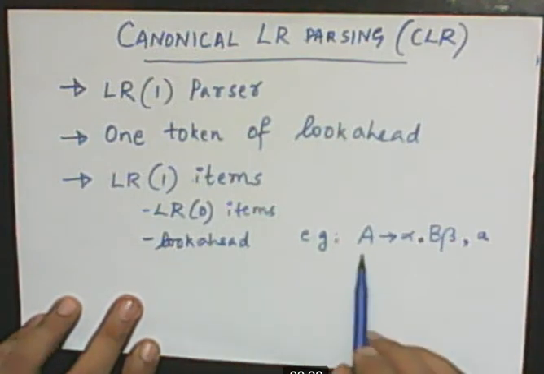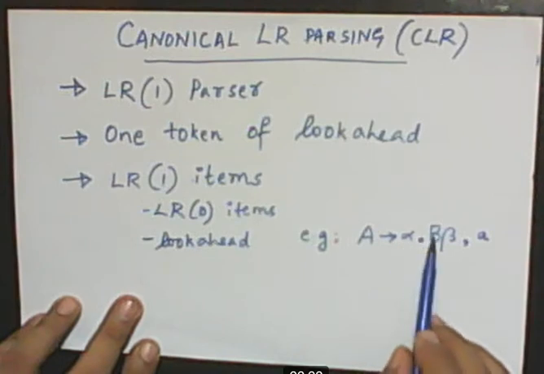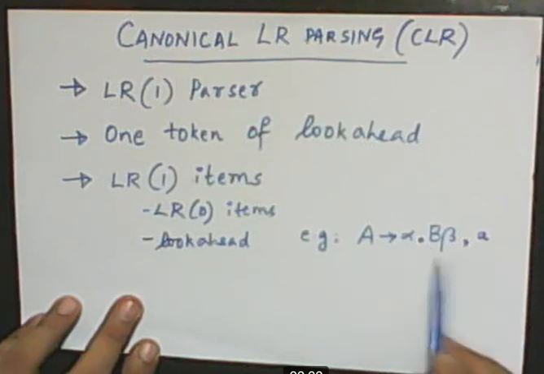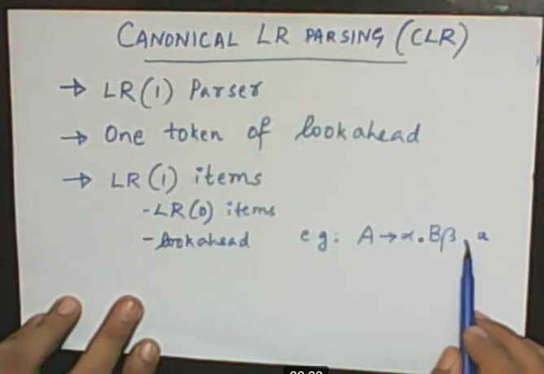So for example, you have A gives alpha, which is any sequence of terminals and non-terminals, dot B. So this is an LR1 item. B is a non-terminal, then comes beta, which is again a combination of terminals and non-terminals, and you have the second section which comes as the look ahead.